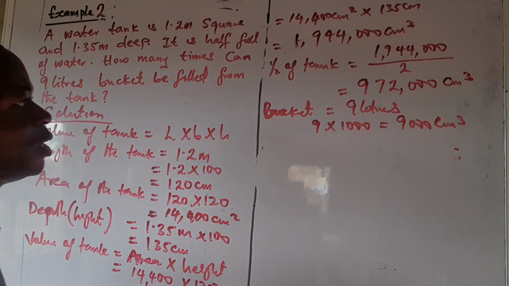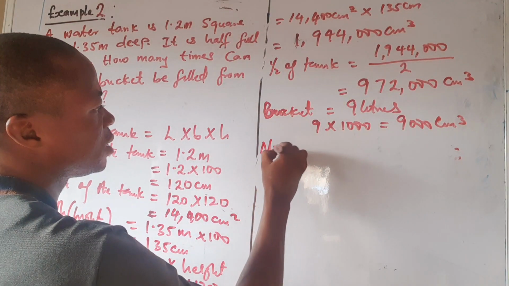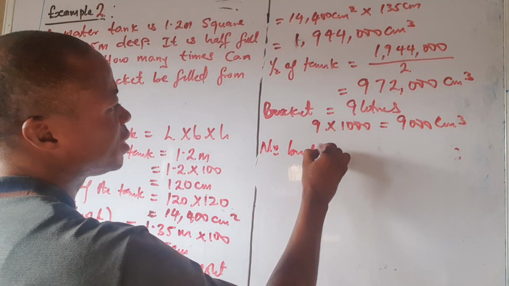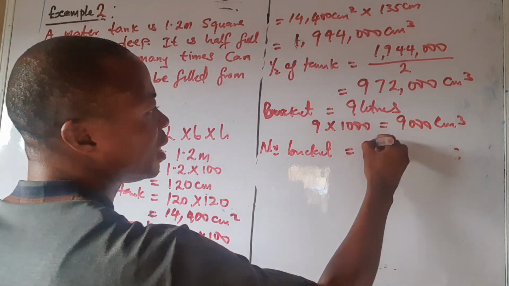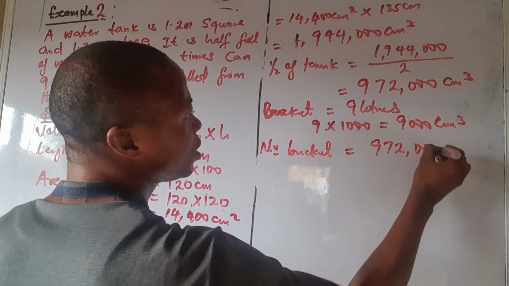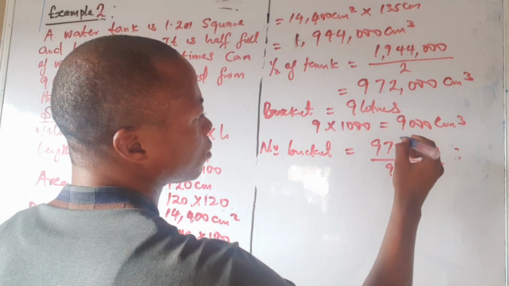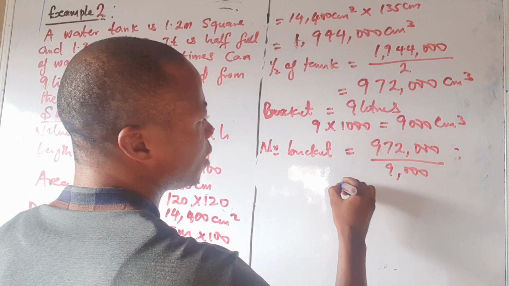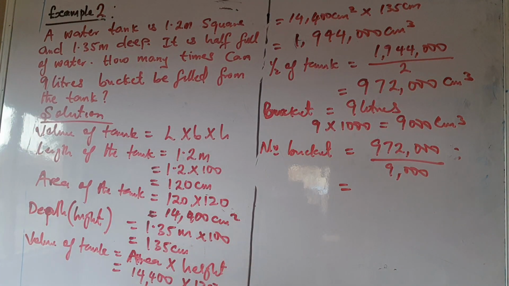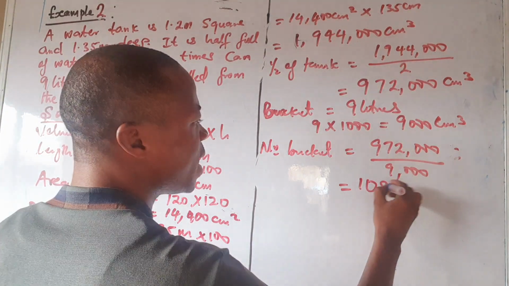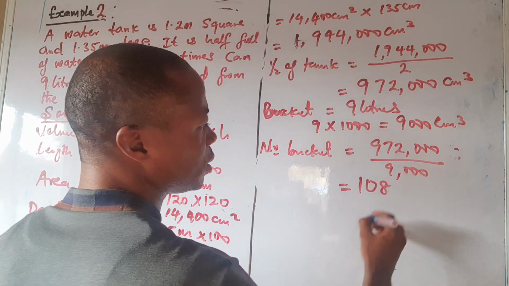So from here, the number of buckets that can be taken from it will be 972,000 divided by 9,000. And when we do that, we are going to have 108.